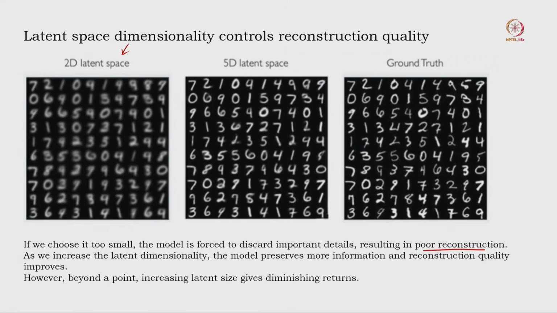But at the same time, a higher value gives a good latent space, and a good latent space gives us a good reconstruction. But if you keep a very large value, then it gives diminishing returns. Therefore, this latent space is the most crucial part in the autoencoder. Too small or too large a value is a problem. So you have to control this, because the latent space dimensionality controls the reconstruction quality.